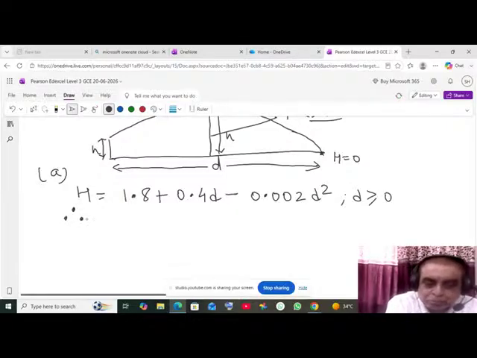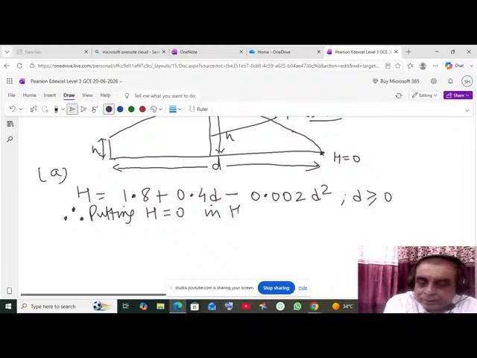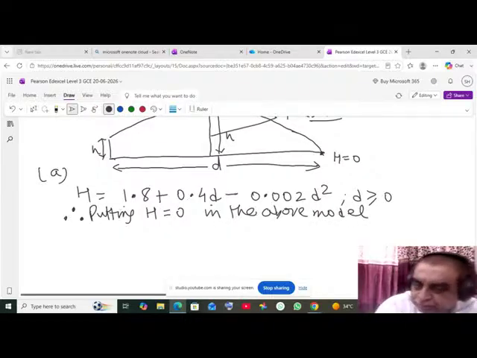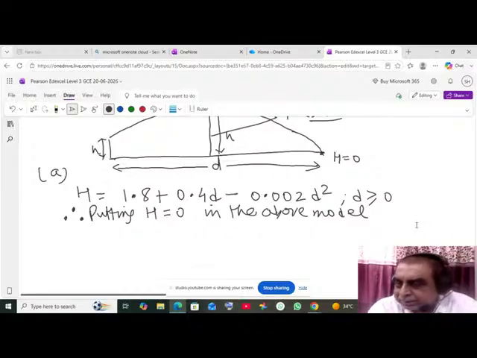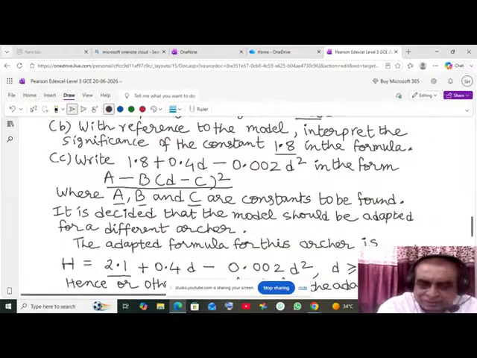So putting capital H value 0 in the above model or equation, because when the arrow hits the ground, what is the horizontal distance traveled by the arrow at that point?